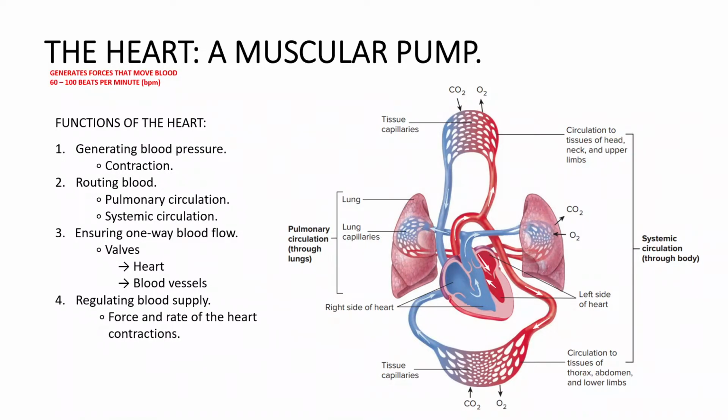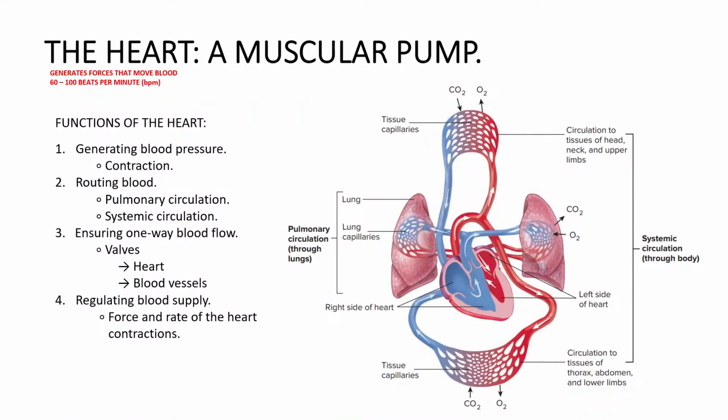What does it mean by routing blood? Giving blood a sense of direction in the body. And in our body, there are majorly two types of circulation or flow of blood. Number one is pulmonary circulation. Number two is the systemic circulation.